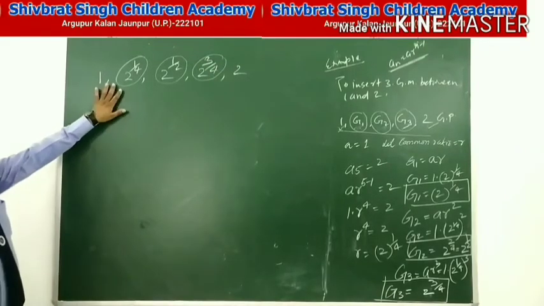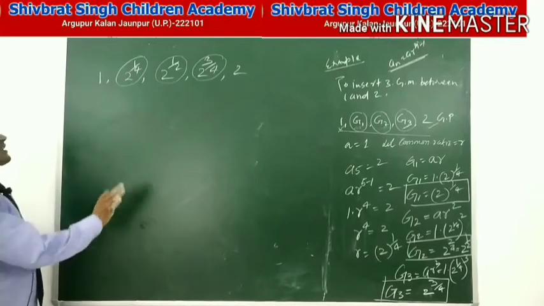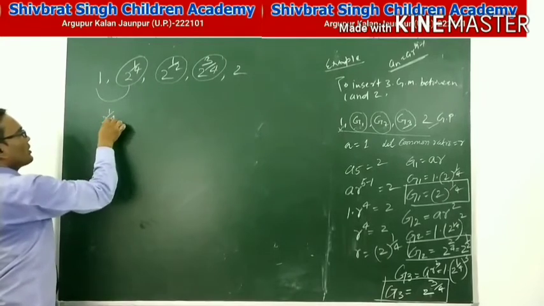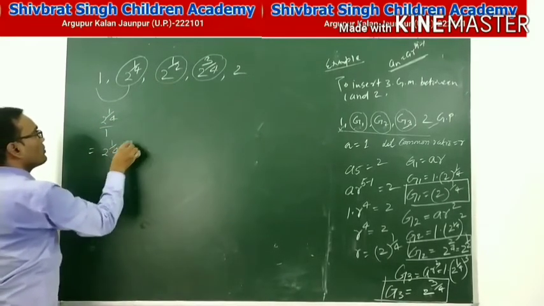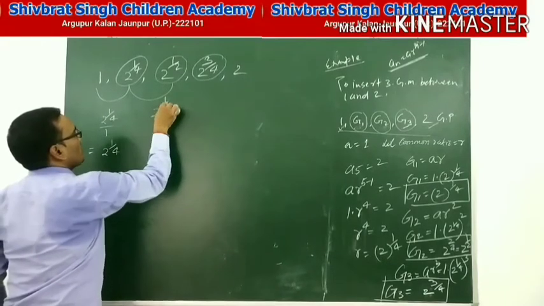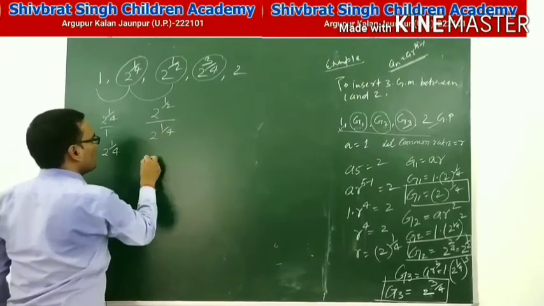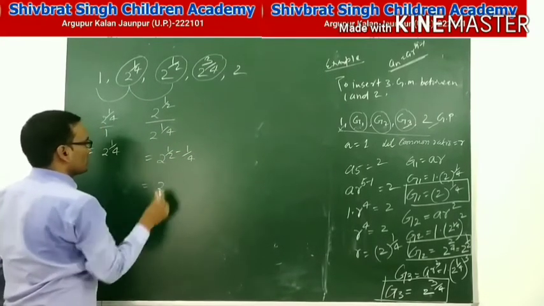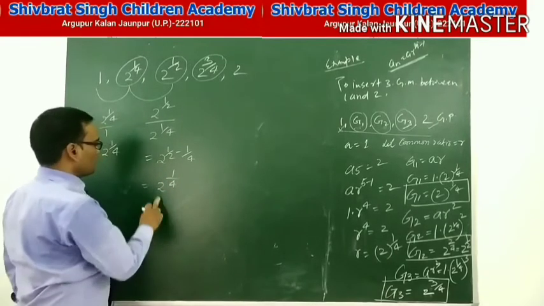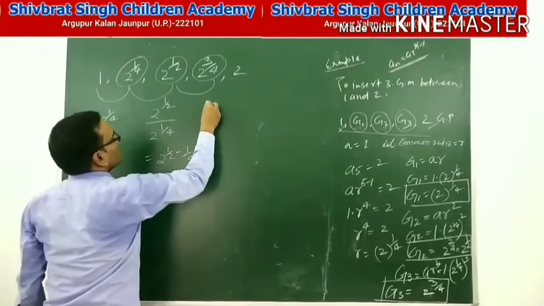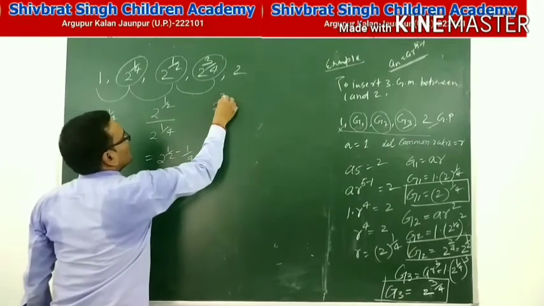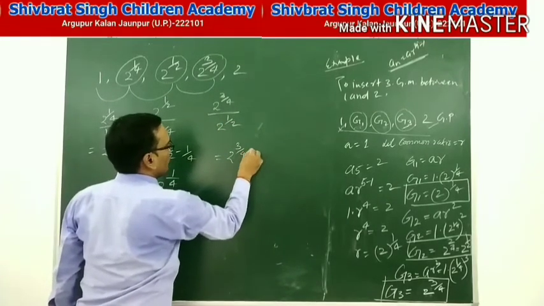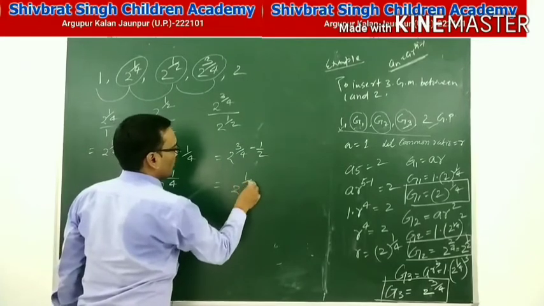You can check whether this is a GP or not. We find the common ratio. Here common ratio is 2 to the power 1 by 4 upon 1, which gives 2 to the power 1 by 4. Then 2 to the power 1 by 2 upon 2 to the power 1 by 4 gives 2 to the power 1 by 2 minus 1 by 4, which is 2 to the power 1 by 4. Similarly 2 to the power 3 by 4 upon 2 to the power 1 by 2 gives 2 to the power 3 by 4 minus 1 by 2, which is 2 to the power 1 by 4.